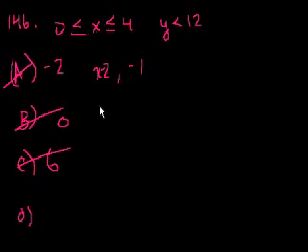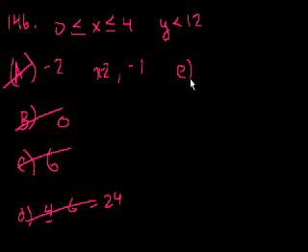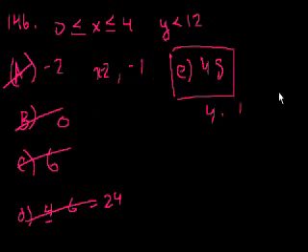And x can't be negative. So if x is 4 times y is 6, you get 24. So I'm already guessing that the answer is E without having looked at it. E, 48. Right. Because the largest value of x is 4. And so you would have to multiply 4 times 12 to get to 48, but you can't get there. Right? So the answer is E.